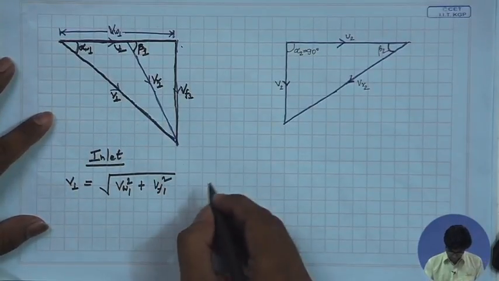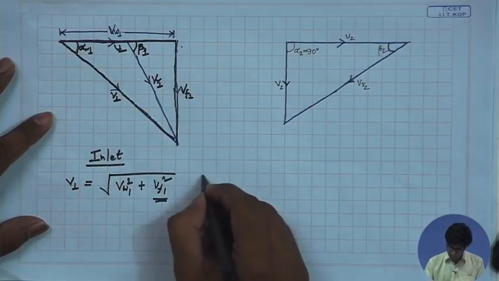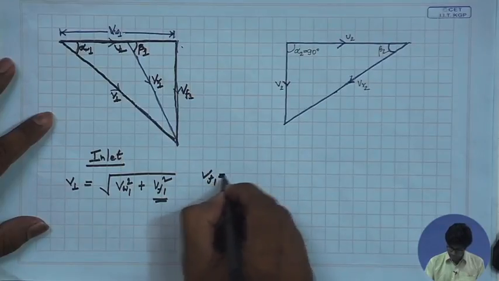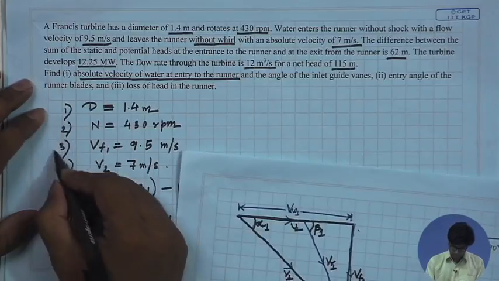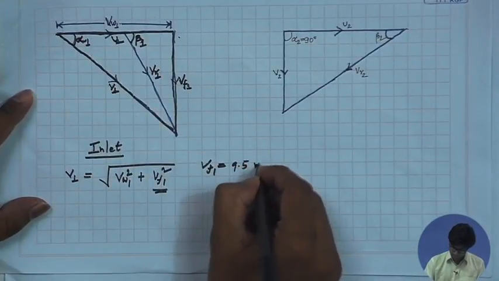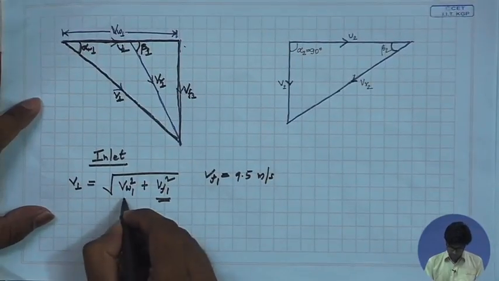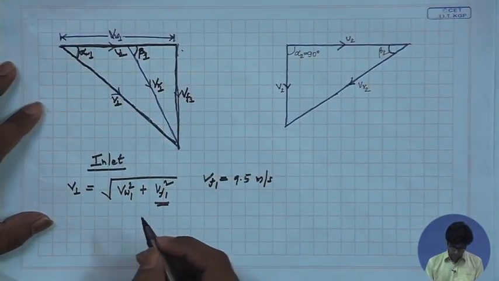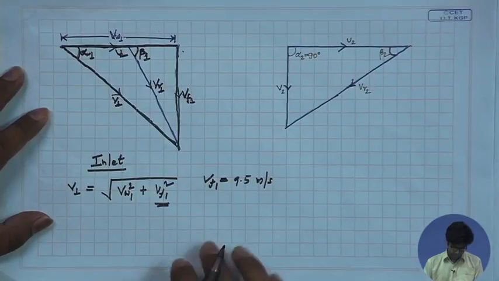The flow velocity at the inlet is given as 9.5 meter per second. So, we are required to find out the tangential velocity at the inlet.